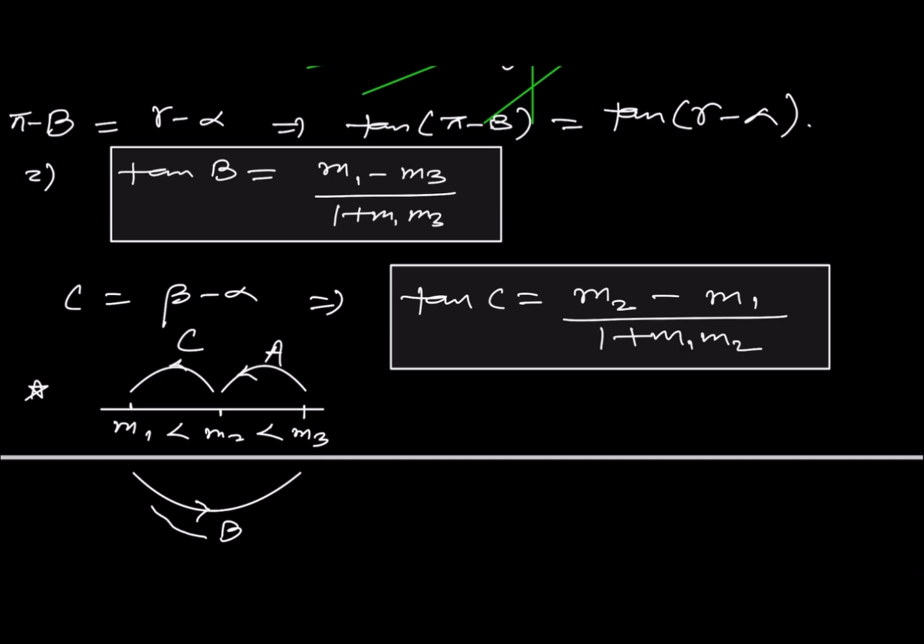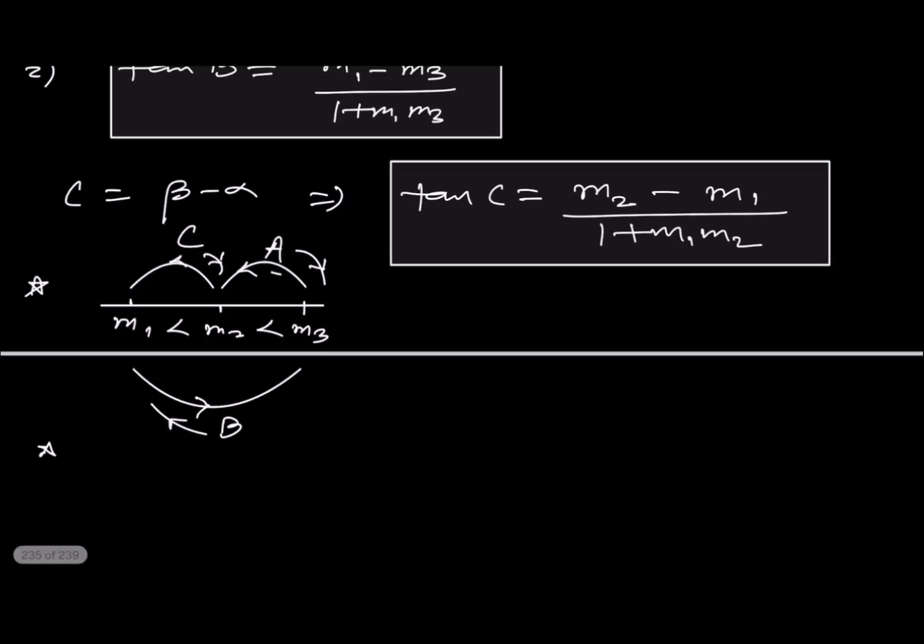So we are going to m1 and then m1 to m3. Similarly, for A we are going m3 to m2, and for C we are going m2 and then m2 to m1, right?